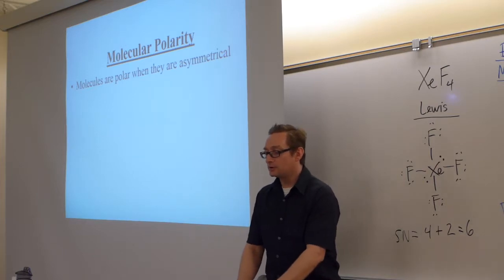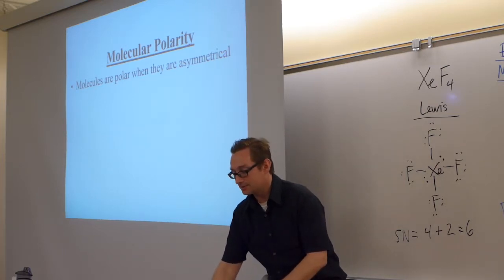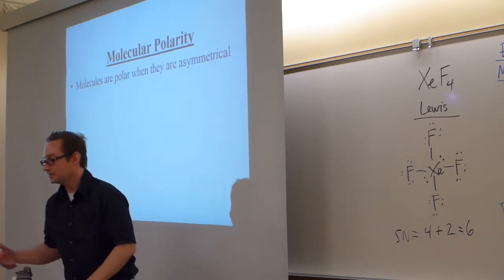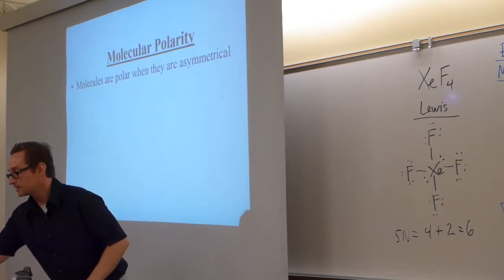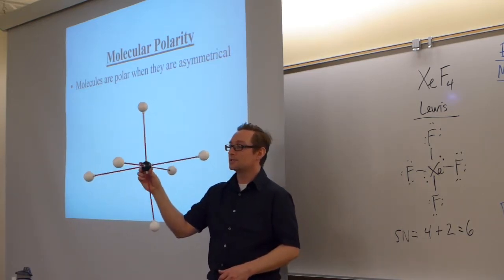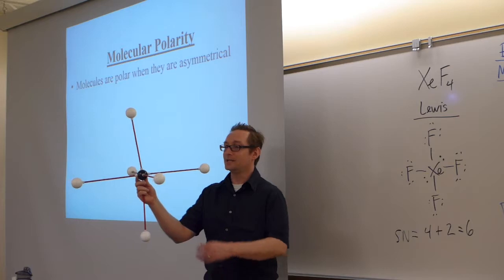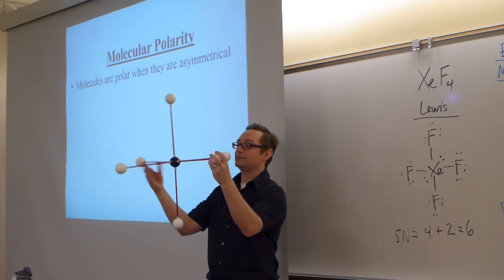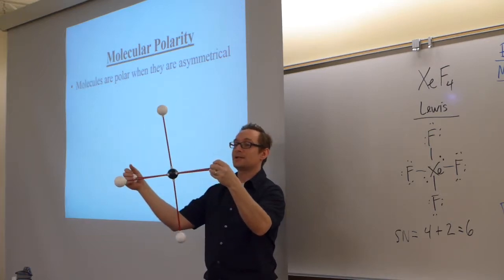So molecules are polar when they are asymmetrical. When you talk about small molecules, we have symmetry. If I took this octahedral compound, would you say it's pretty symmetrical? Yeah, it's got same atoms on this side, same atoms on this side, same atoms on this side.